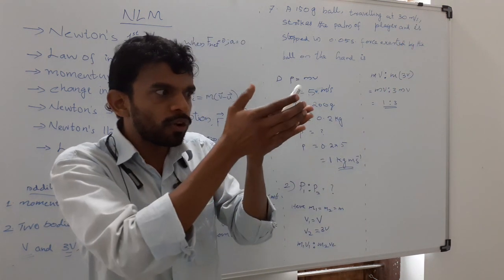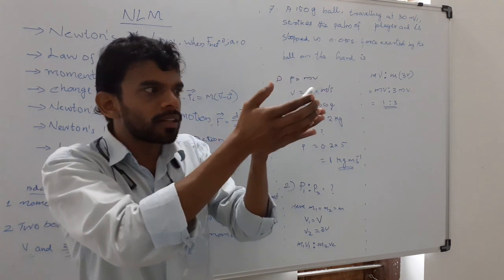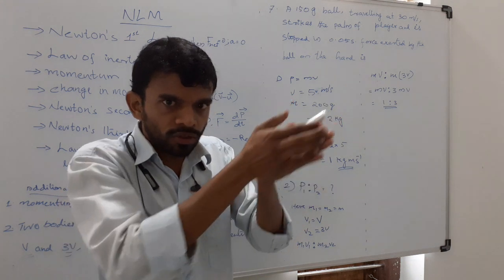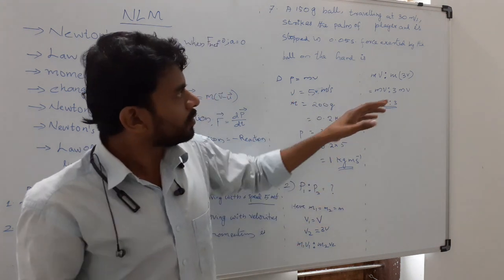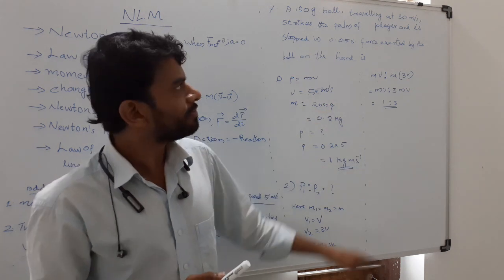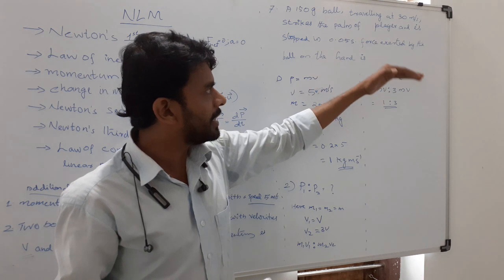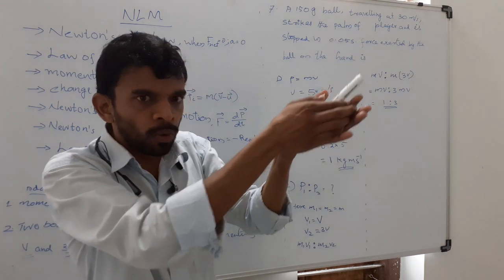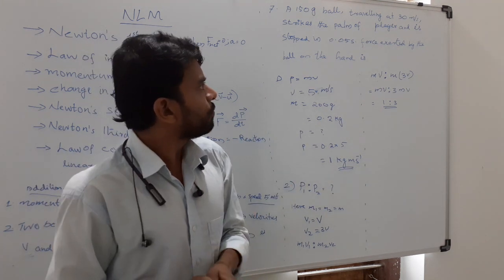As it is received in the hand, the player draws his hand backward in order to increase the time. That is another concept, so I am not going deep into it. In order to increase the time, we just move our hand back while receiving the catch.